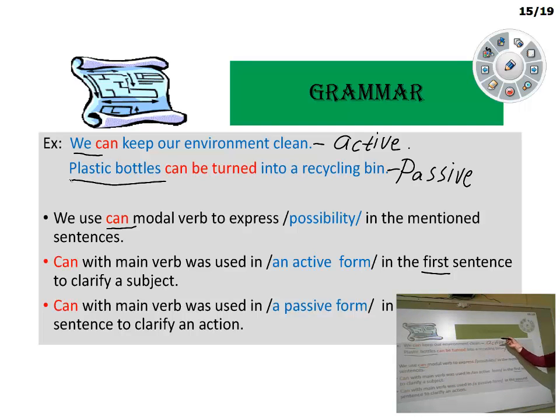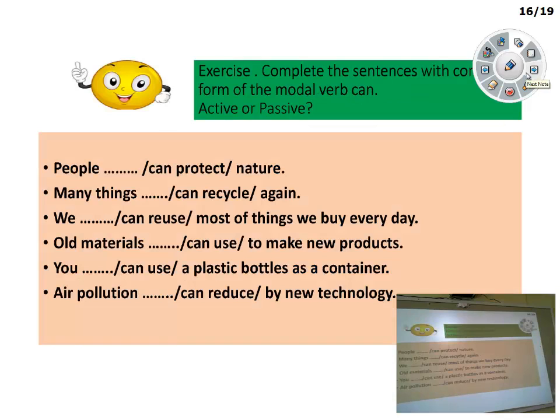So we are talking about the active sentence and the passive sentence. Now, please look at these sentences, and you have to complete them with the correct form of the modal verb can, active or passive.